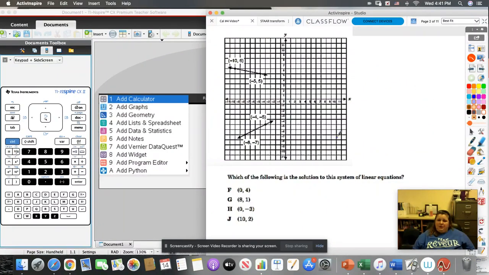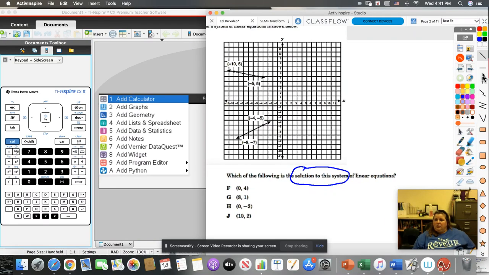So here's an example. This is going to incorporate skill number 3 and number 4. But also at the same time, I need you to pay attention that we're talking about a solution to this system, which means I want to know, where do these two lines intersect? So one method is to continue to extend the lines.